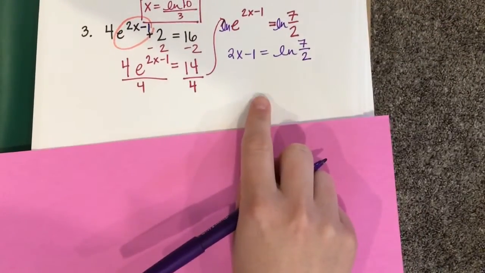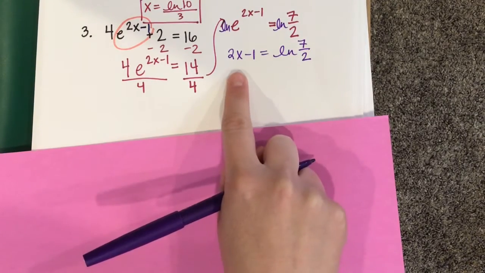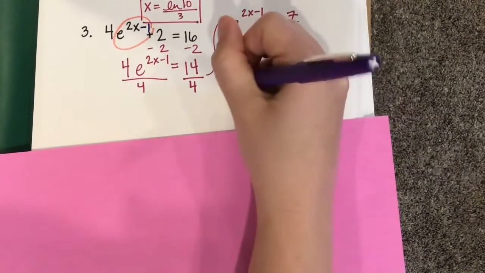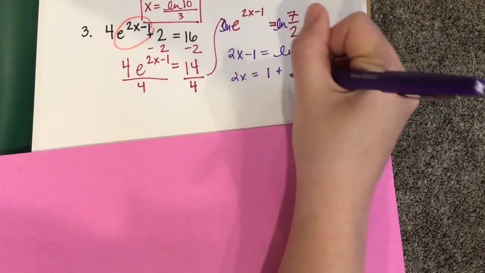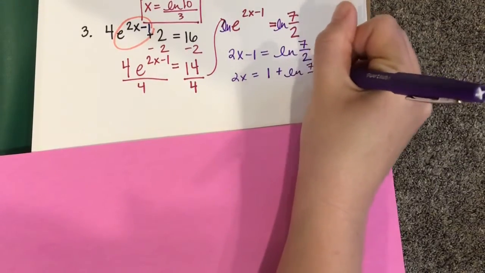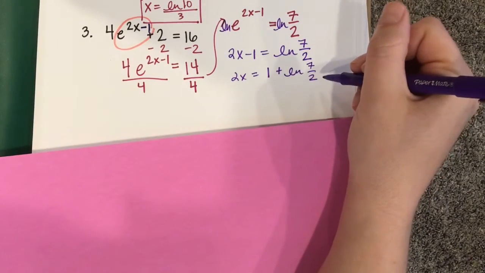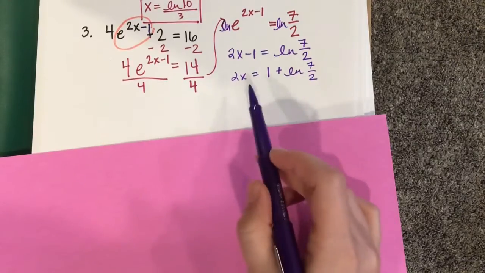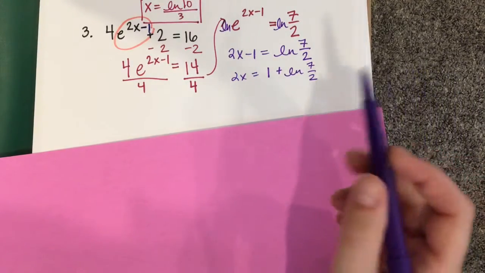So this is when you have to be careful with the way that you write it. If I'm solving for x now, I am going to add 1 to the other side. But when I add my 1 to the other side, I'm putting it in front of the natural log of 7/2, so I don't think I'm actually taking the natural log of the 1 as well. And last but not least, I have 2x equals 1 plus the natural log of 7/2.